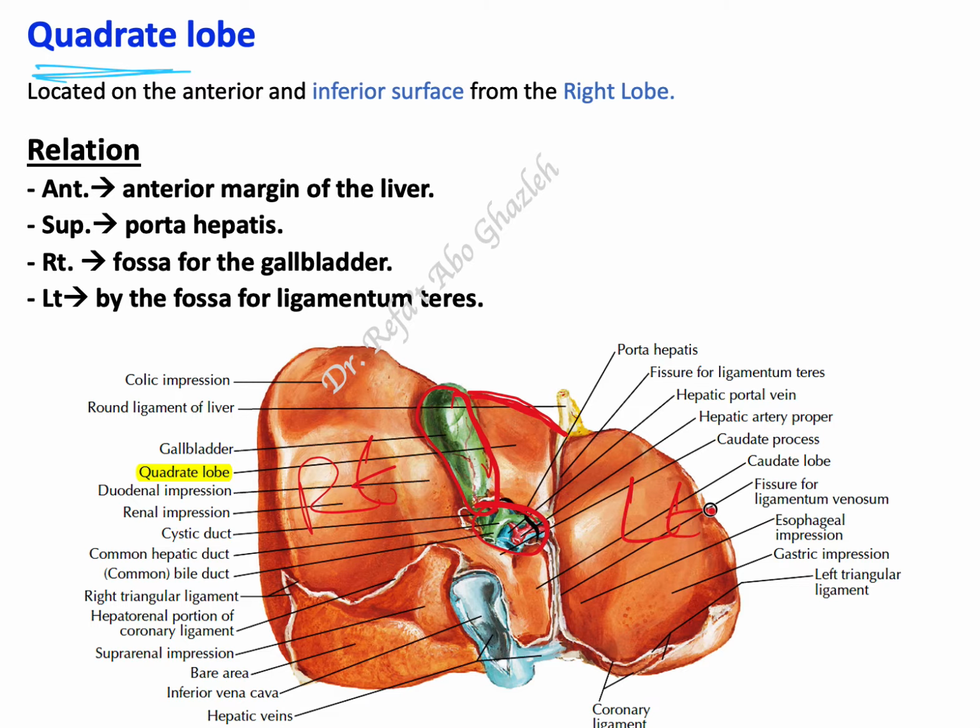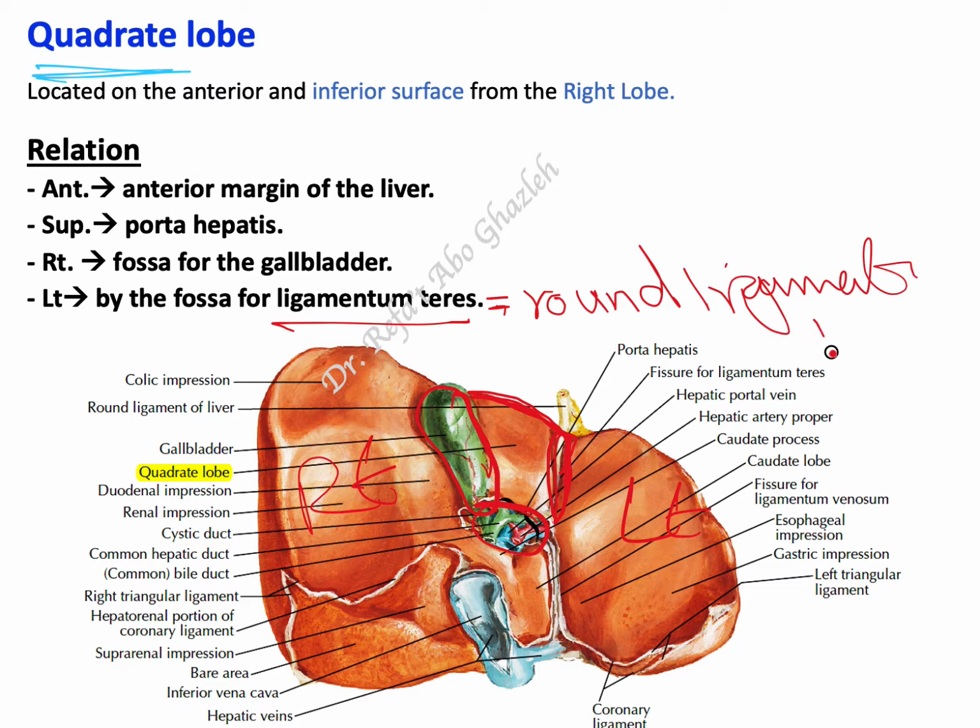And to the left, we have the fossa for ligamentum teres or round ligament. Ligamentum teres is another name for the round ligament of the liver, right? There you go. Okay.